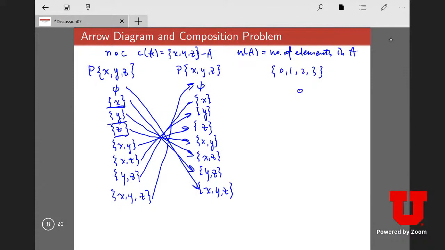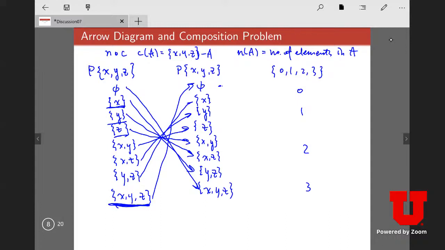You have 0, 1, 2, 3. So where does the first one go? Remember, A is the empty set for the first one.